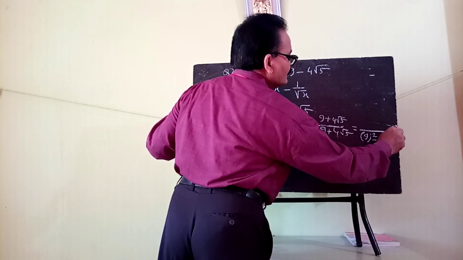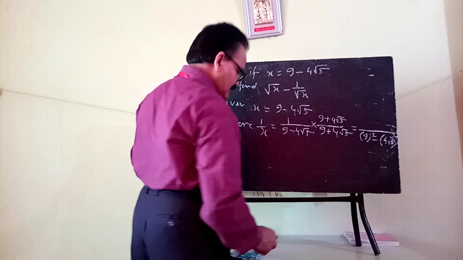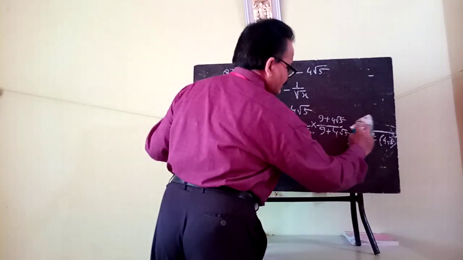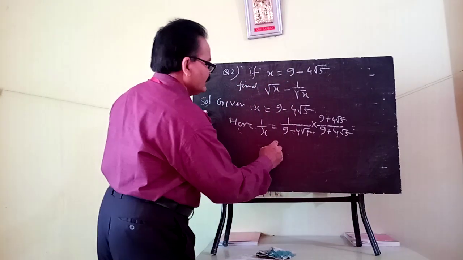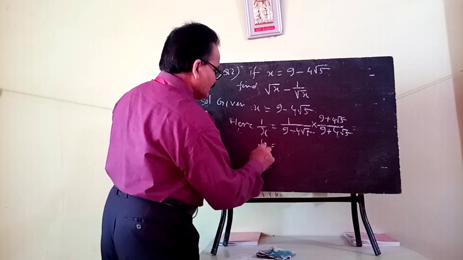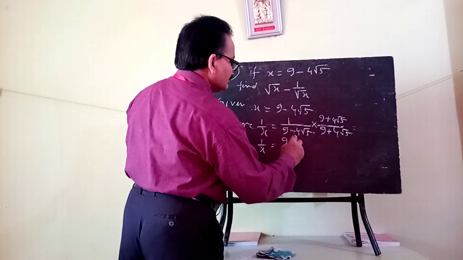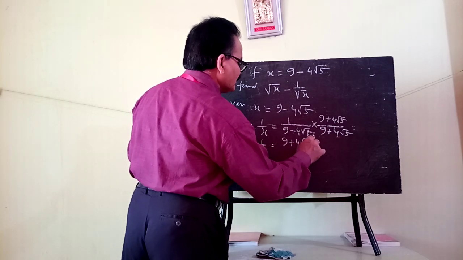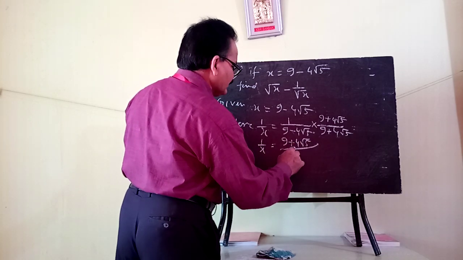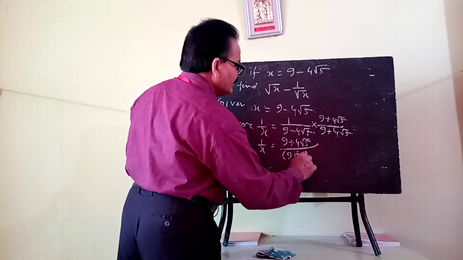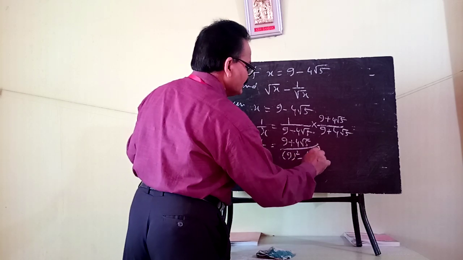Okay, let me do it in the next line. So 1 upon x equals 1 into 9 plus 4 root 5, which is 9 plus 4 root 5, and in the denominator, this is 9 square minus 4 root 5 whole square.